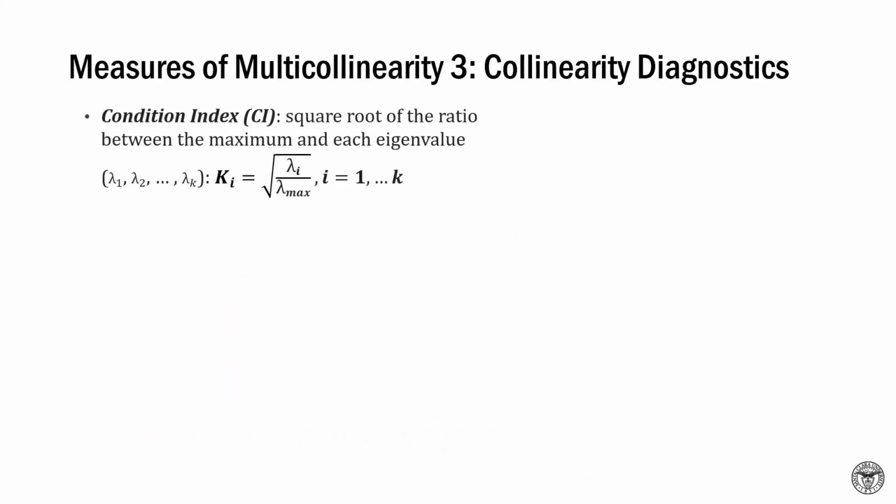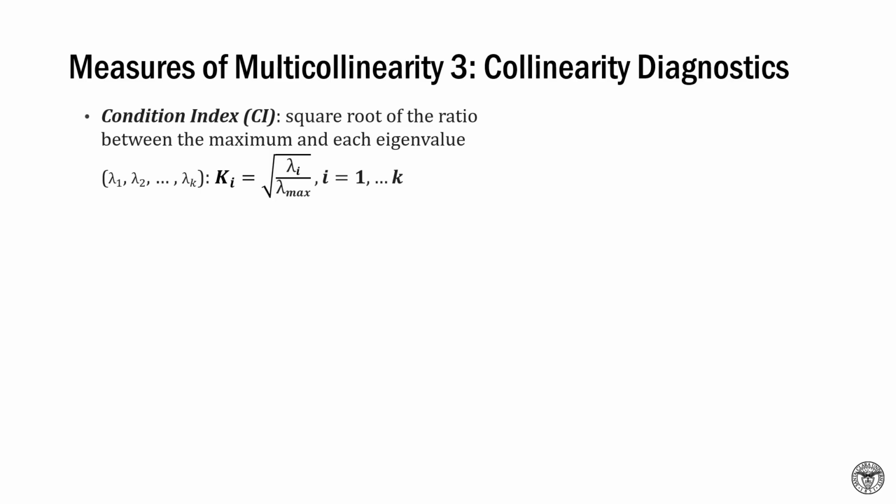We will now discuss another set of multicollinearity measures, the condition index and the variance proportion. Both measures are available in the SPSS collinearity diagnostics component, which can be selected within the regression model. Eigenvalues measure the amount of variation in the data explained by each eigenvector of the correlation matrix.